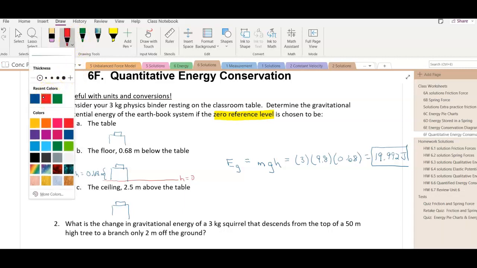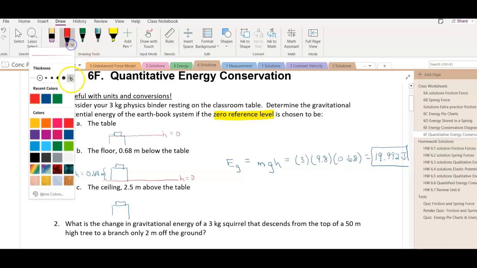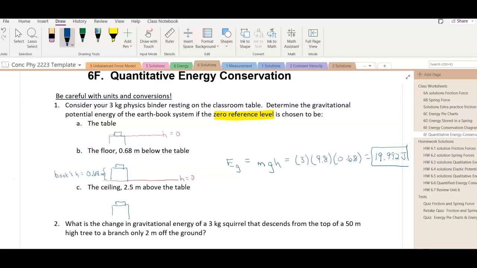What if, instead of defining the floor as where h is 0, we said, oh, the table, that's where I'm going to say the height is 0. And we could really do this. A lot of our experiments, we put equipment on a table, and as long as the height doesn't change, we don't talk about how gravitational potential energy changes.